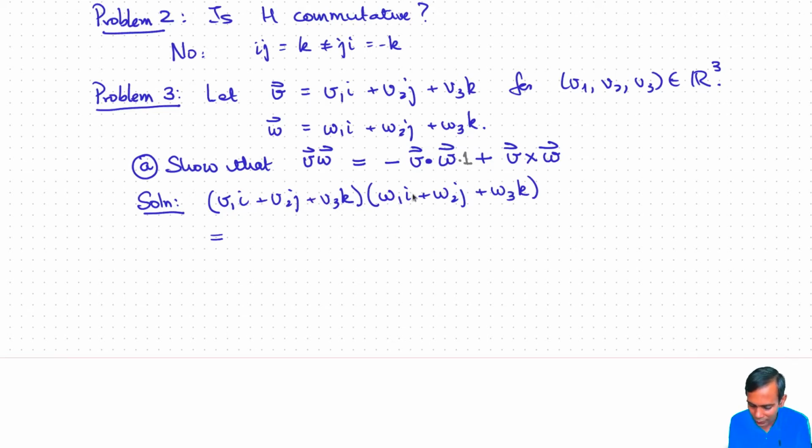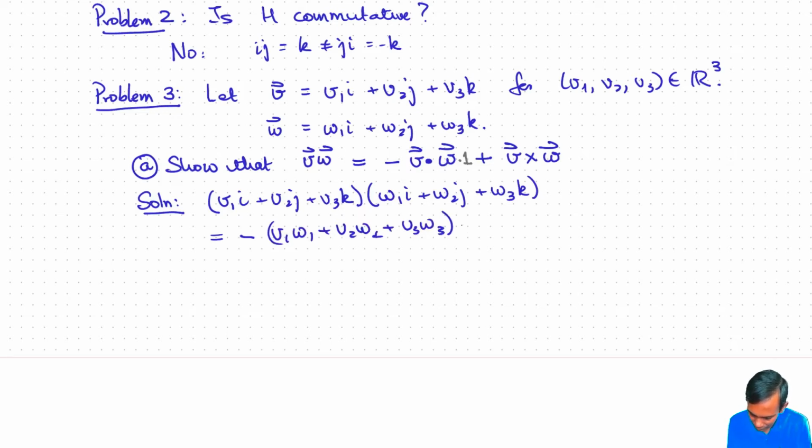So i dot i is minus 1, j dot j is minus 1, k dot k is minus 1. So I'll get exactly minus v1 w1 plus v2 w2 plus v3 w3. So you see this first part, v dot w, showing up.